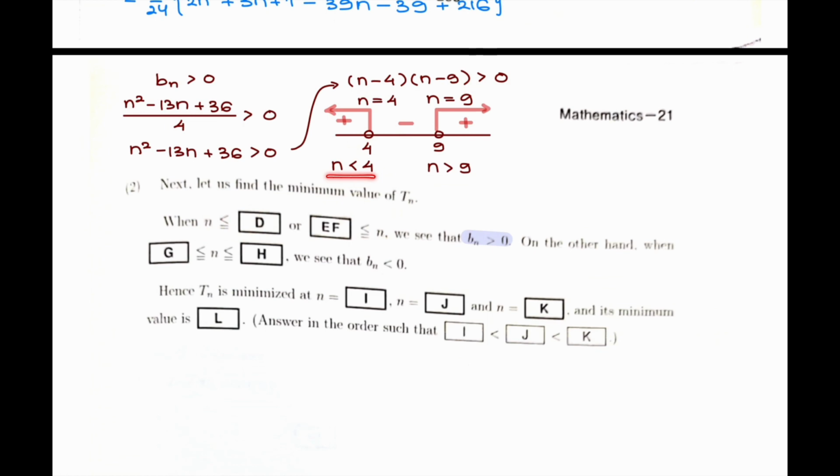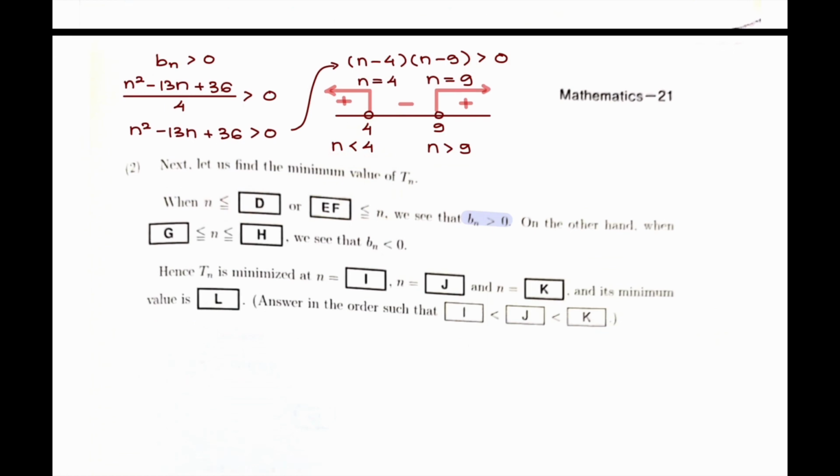So n less than 4 here can be thought of as n less than or equal to 3, and n greater than 9 here can be thought of as n greater than or equal to 10. So this is my answer for letter D, E, and F. D is equal to 3, and then E and F is 1 and 0, which is 10.